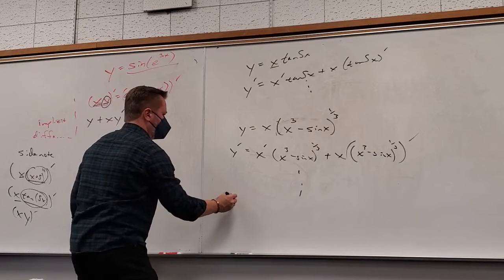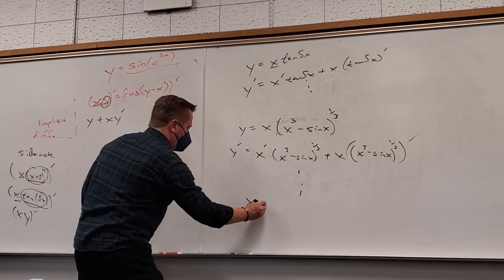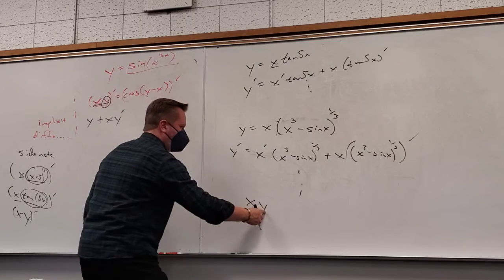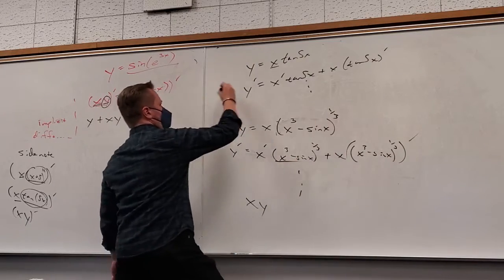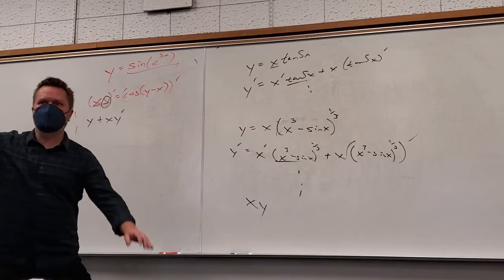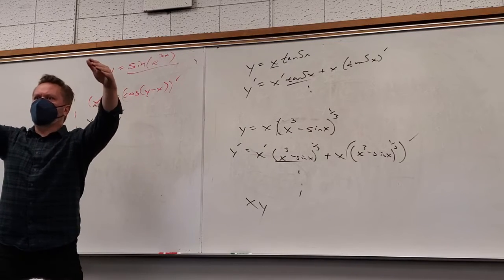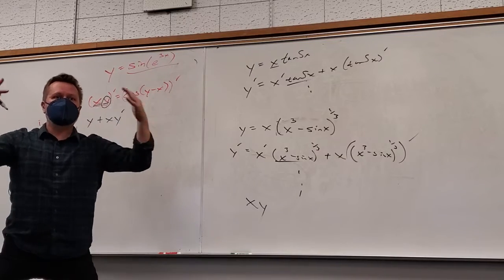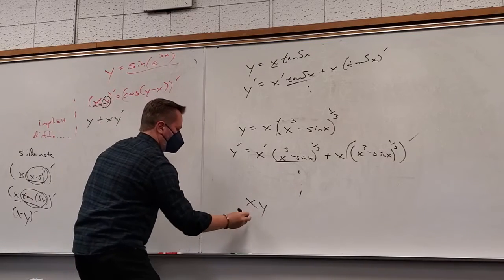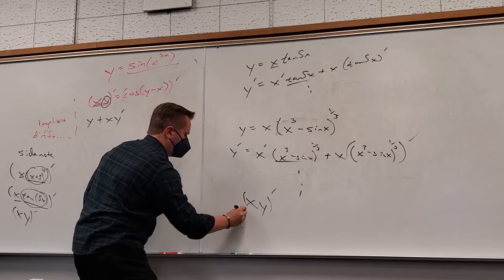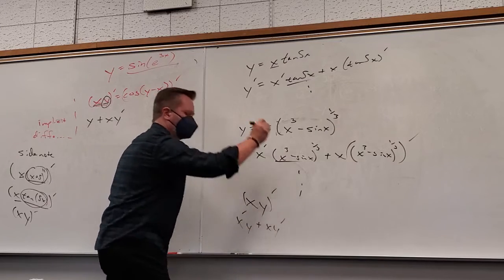So if I write xy, where y is this, or it's this, or it's anything you can imagine, why does it not matter in terms of what I do? Because they all do the same thing. If I want to take this derivative, it would be x prime y plus xy prime.